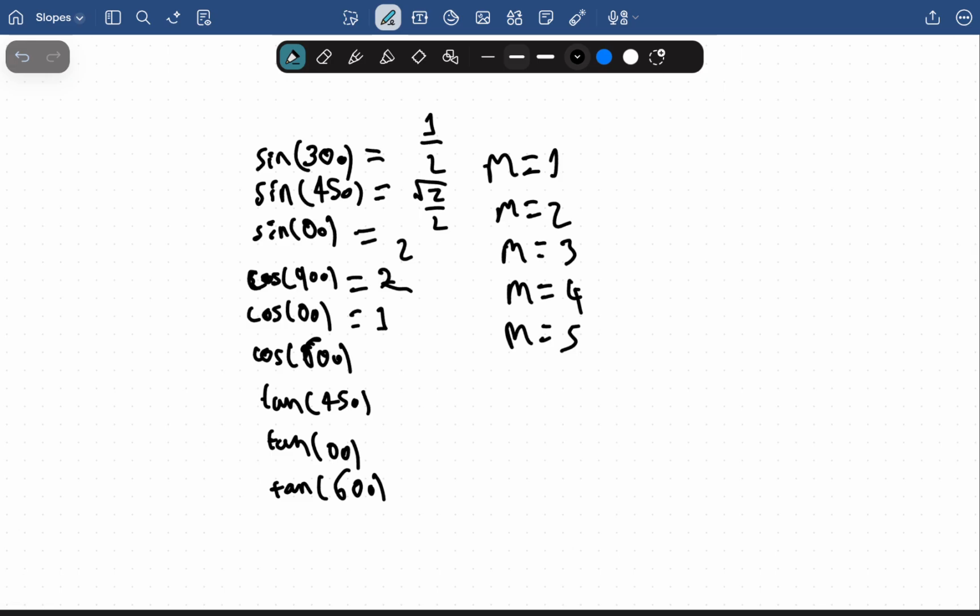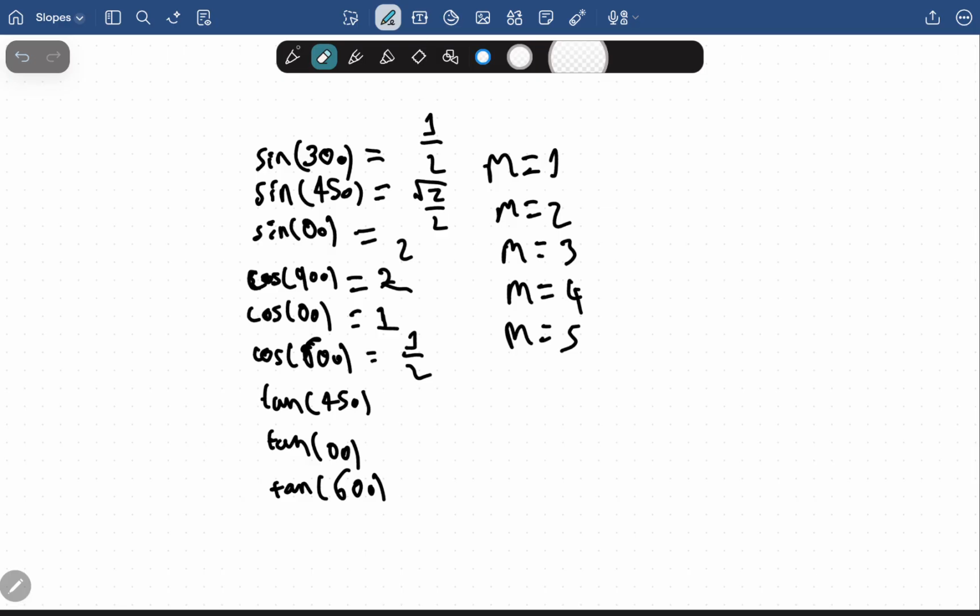Cosine 60 is just, if you see it here, 60 is 2, and above that is only 1, so root 1 over 2, which is just 1 over 2. I'll probably make the eraser a little bit smaller, so guys, wait.